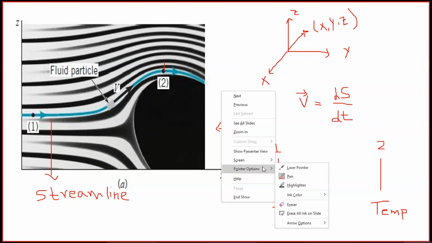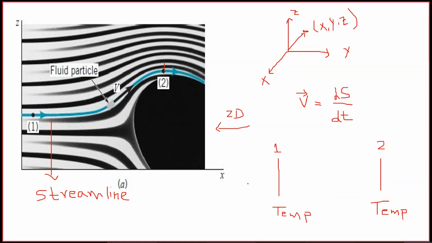Let's say person A passes through point 1. What will happen? The sensor will note a value. Let's say the sensor has noted a temperature of 25 degrees C on that person or particle, right?